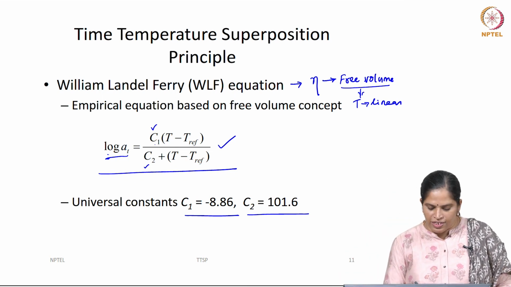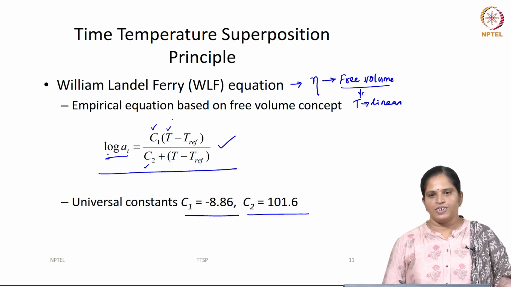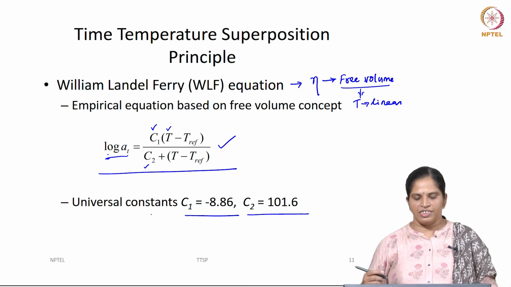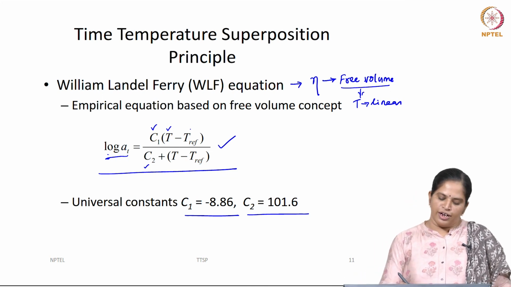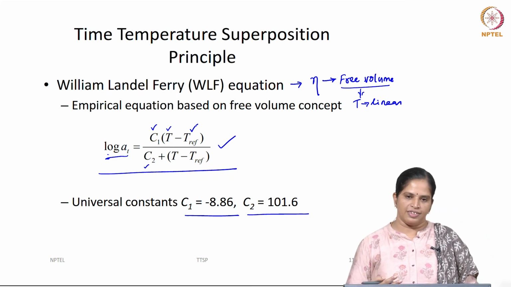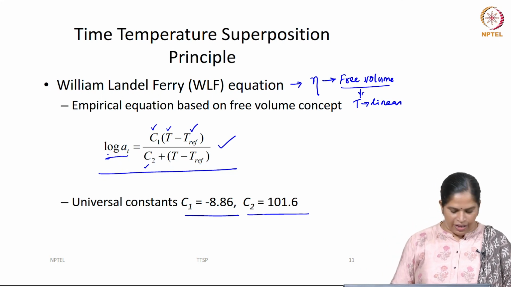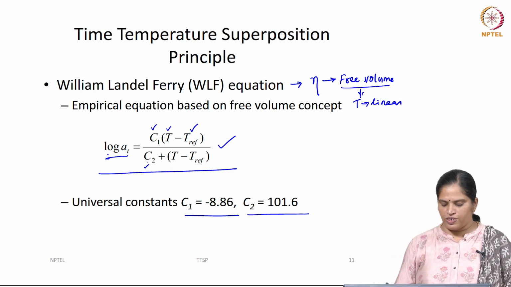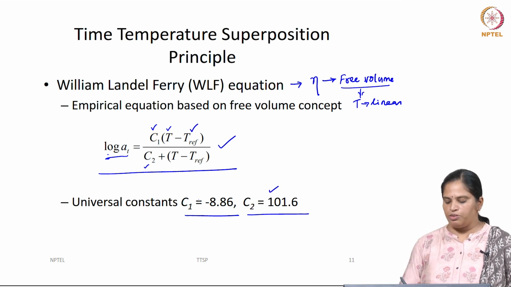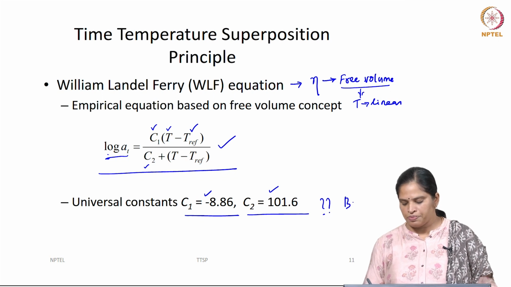You can see that aT is a function of C1, C2, where T is the temperature at which the data you want to shift, and Tr is the reference temperature to be shifted to. So, this log aT value depends on the C1 and C2 values, which have universal values like this. Now, can we use the same values for bitumen?